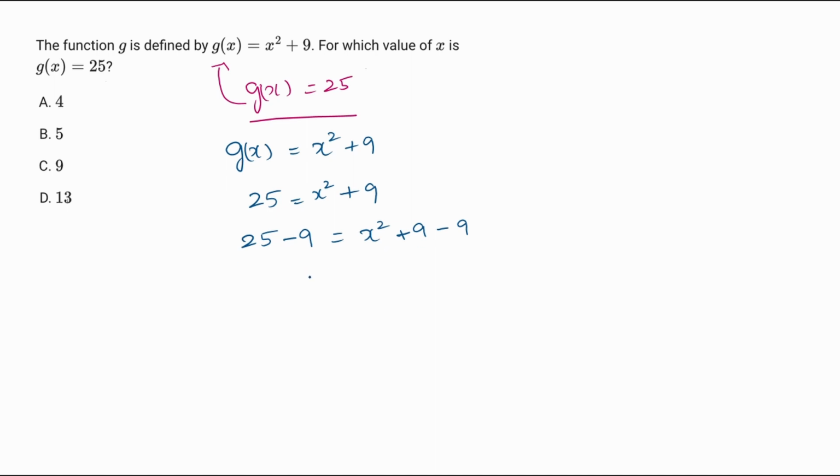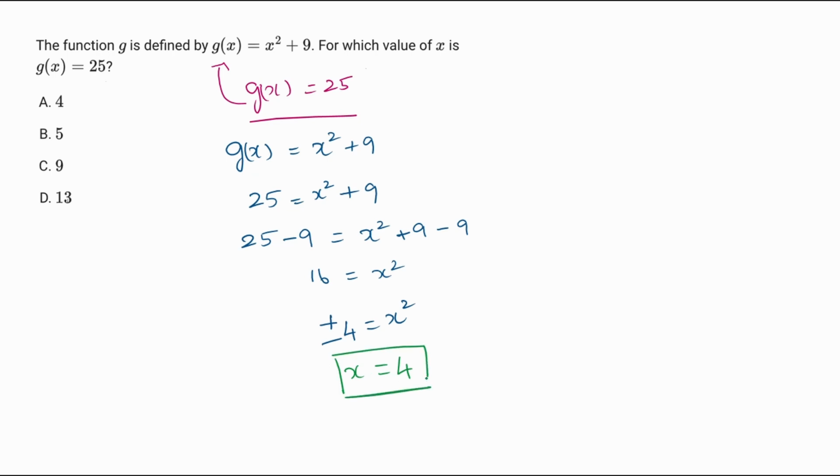So this will give me 16, which is equal to x square. Now taking square roots on both sides, we have plus or minus 4, which is equal to x. Now you can see the options do not have any negative value, so we'll simply have to exclude the negative 4 here. Therefore, my answer is x is equal to 4.